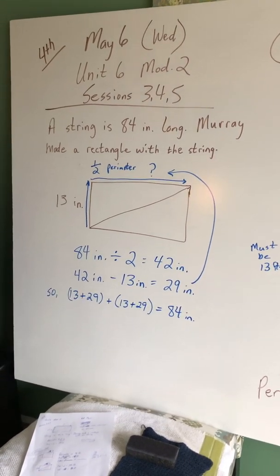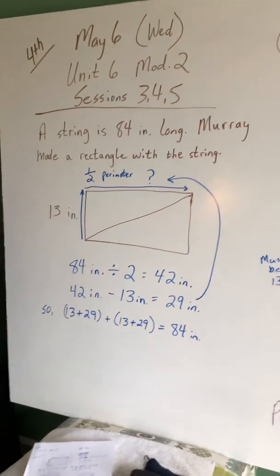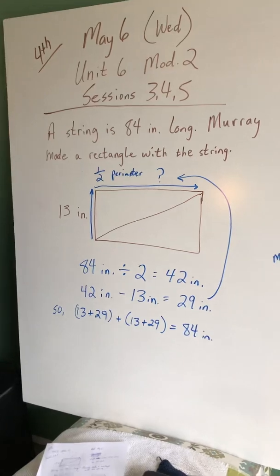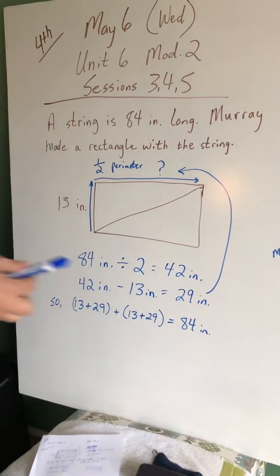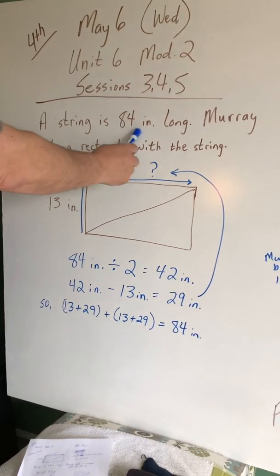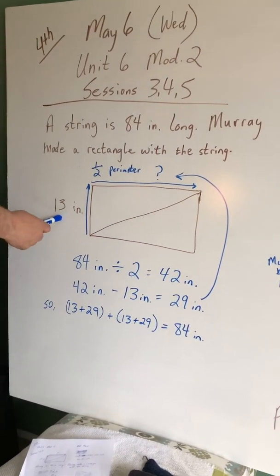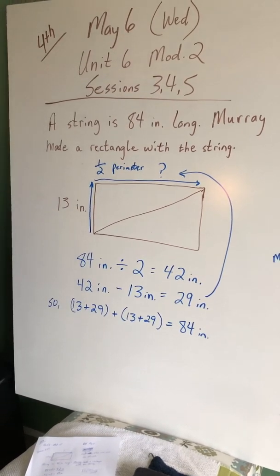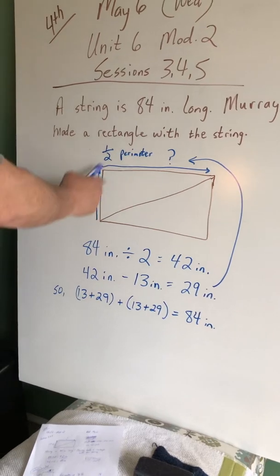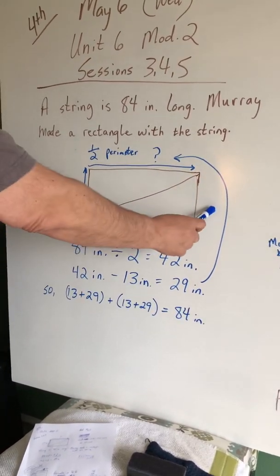This first part is perimeter, okay? And Bridges, as usual, wants you to think of things in a different way. So I know we practiced a lot before we left school in March, that if we know the perimeter of something is 84 inches and we know one side is 13 inches, what we've been doing is we know because of the rectangle's properties, we know that the opposite side is 13 also.